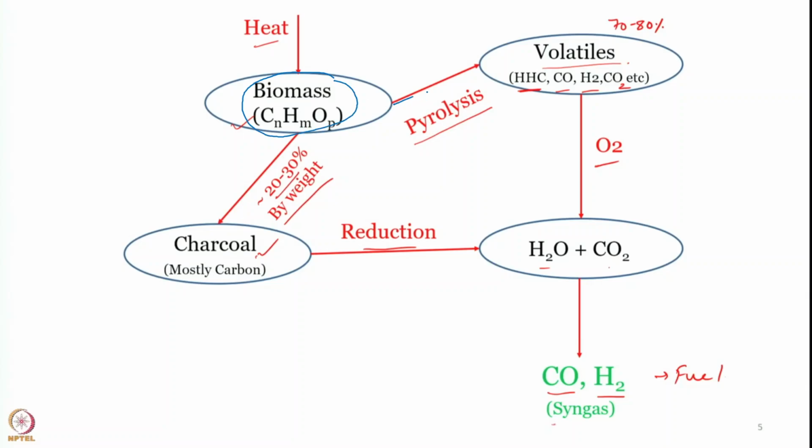If we do pyrolysis, do you know what pyrolysis means? In the absence of oxygen, it will produce some volatile matter, and the rest, the charcoal, will participate in the reduction reactions. After the reduction of the charcoal it will form carbon dioxide and water.